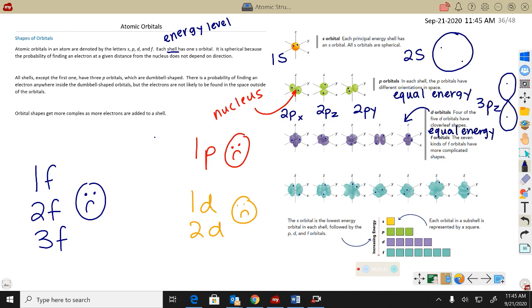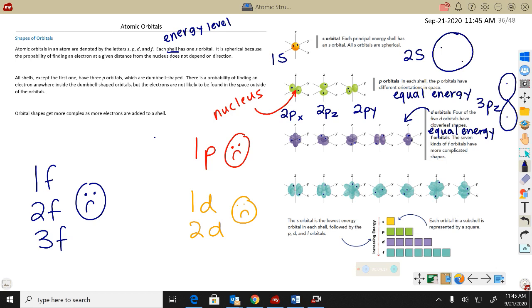Then if you were in the fourth energy level, you'd have a 4s orbital. That'd be a really big sphere. You'd have the 4 p's. They would just be bigger dumbbell shaped. You'd have 4 d orbitals. They would still be these cloverleaf shapes. They're just bigger. And the fourth energy level is where you would find the f orbitals, which are kind of crazy. And they've got 8 lobes and super high energy.